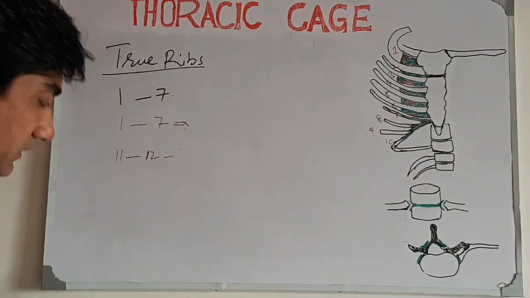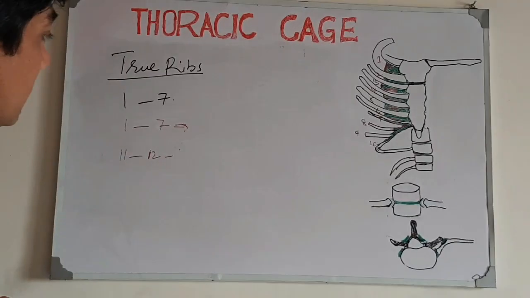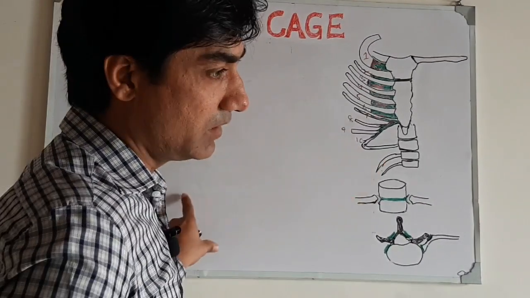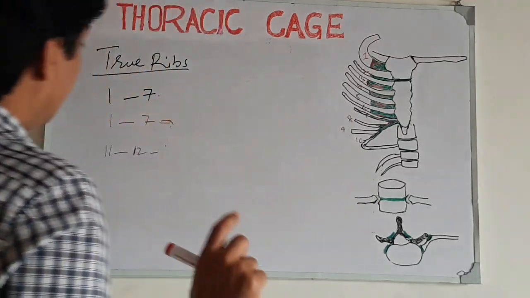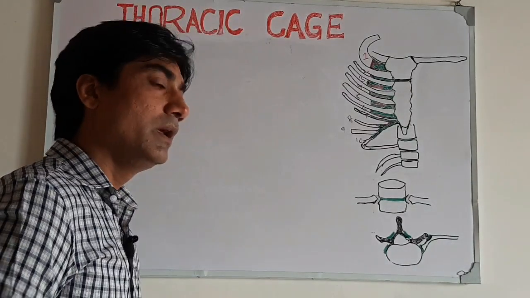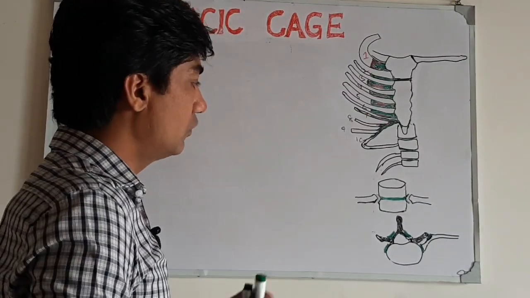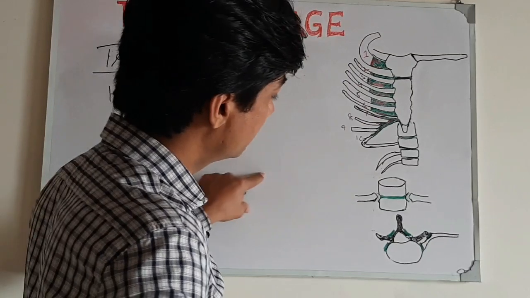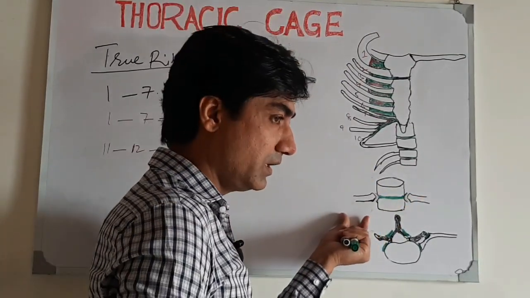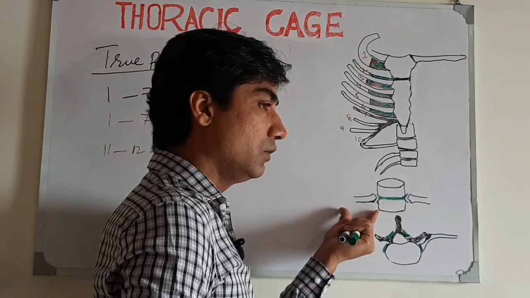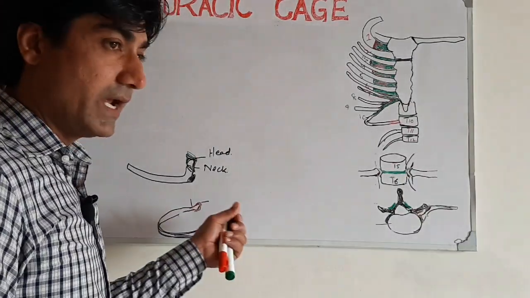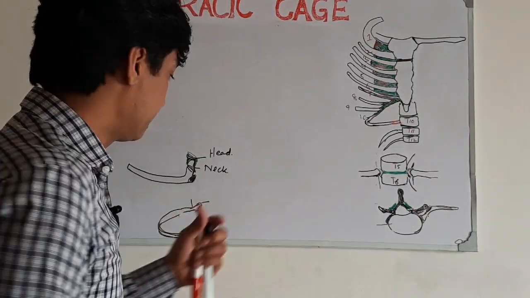The thing to remember is the posterior connection with the thoracic vertebra. There is a little bit of confusion, so a little concentration will help you remember the connection of ribs posteriorly to the thoracic vertebra. Now we are going to look at the structure of ribs.